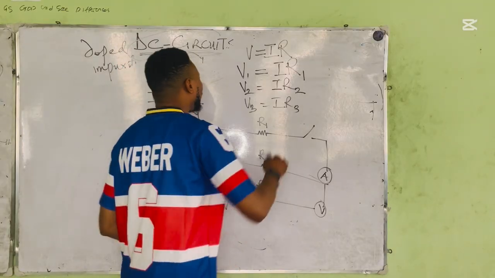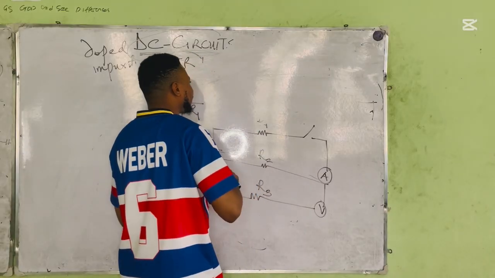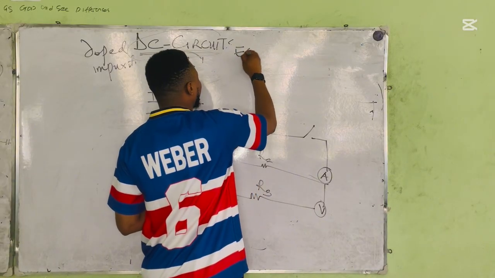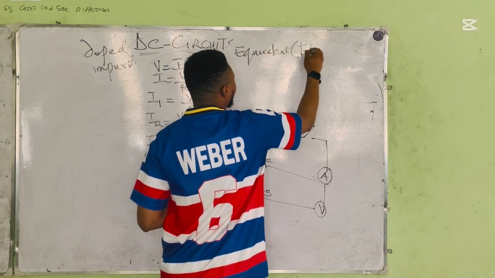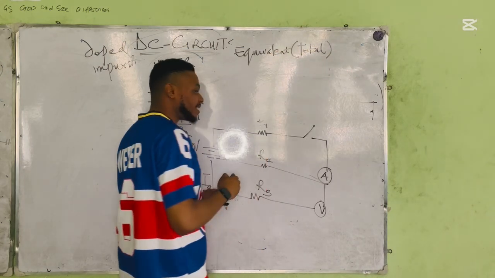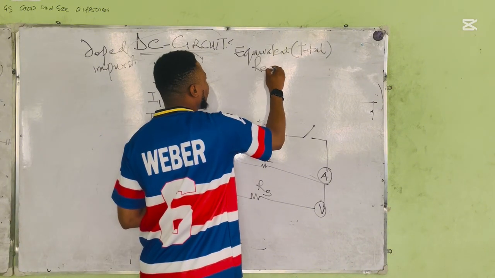So basically, this is the concept of series and parallel connection when it comes to resistors. The next thing we'll be looking at now is equivalence, in brackets total resistance.